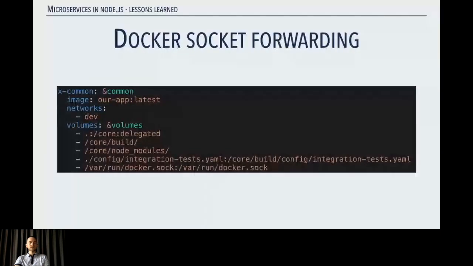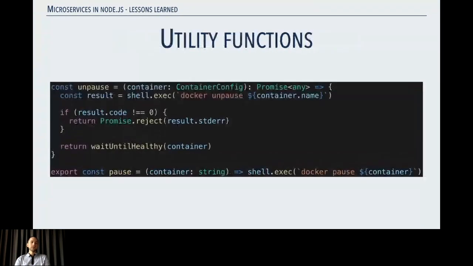So to start doing that, first of all, we need to do something called Docker socket forwarding. We need to forward the Docker socket from the host to our service in Docker Compose, so that later in that service we have access to various Docker commands.